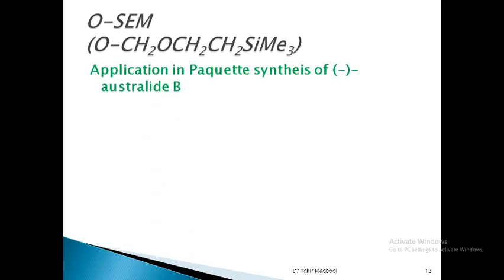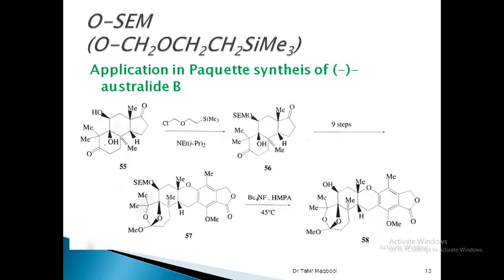Application: the O-SEM group has its application in the total synthesis of negative australide B. Here you can see that the alcohol unit in 55, that is the secondary alcohol, has been protected by using the O-SEM group. The secondary alcohol unit in 55 was converted into the SEM derivative by using the reagent and Hunig's base.